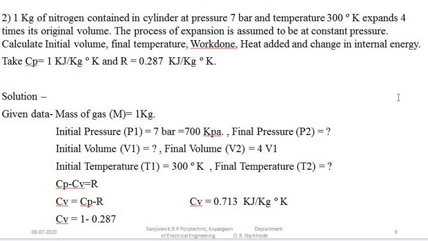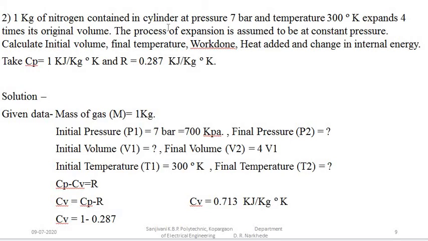Now the second problem we are going to solve, which is asked for 8 marks in the final exam. So what is the given problem? 1 kg of nitrogen contained in a cylinder at pressure 7 bar and temperature 300 degree Kelvin expands 4 times its original volume.